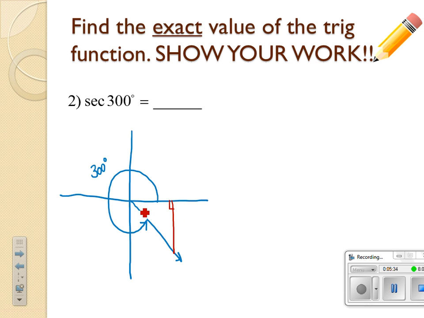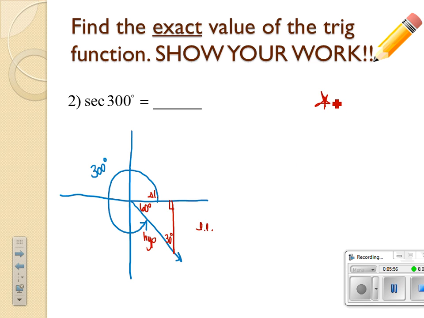My reference angle is right here. This is my reference triangle. 360 minus 300 would be a 60-degree reference angle. This would be a 30-degree then, and then that's your 90. So this is the long leg, this is the short leg, and this is the hypotenuse.